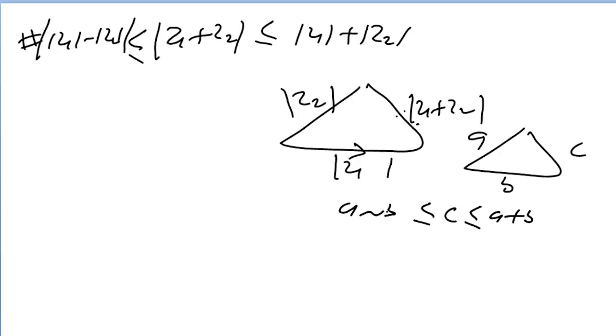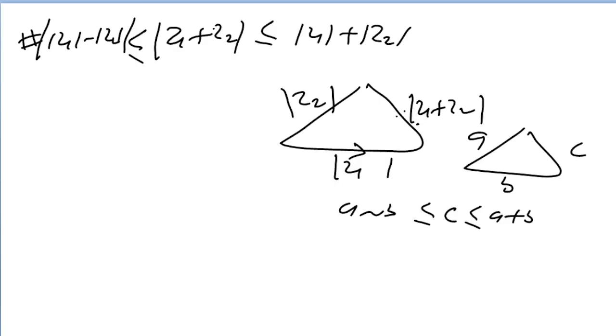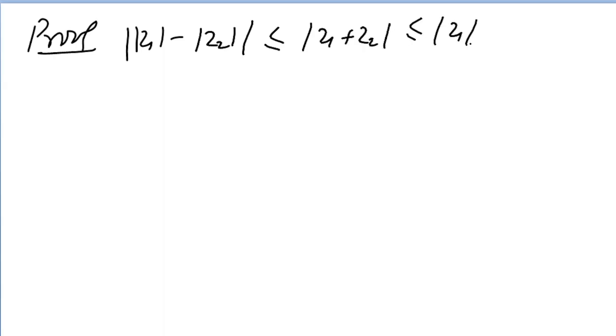Okay, but if we want to solve this analytically, we want to prove this analytically. So let's say we want to prove this for Z1 and Z2: mod Z1 minus mod Z2 is less than or equal to mod Z1 plus Z2, which is always less than or equal to mod Z1 plus mod Z2.